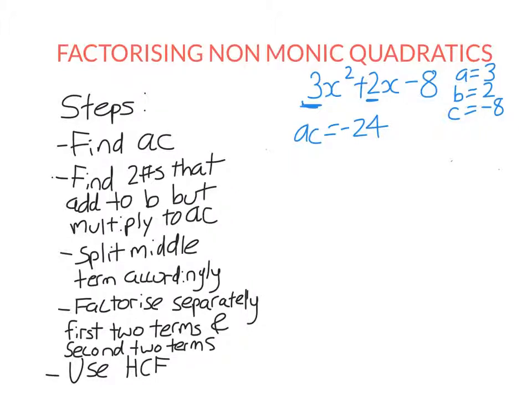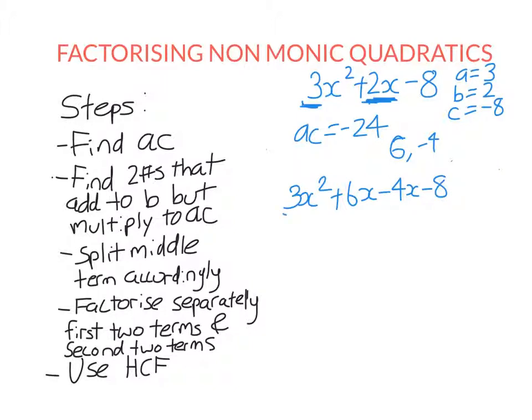So I want the 6 to be positive and the 4 to be negative, because 6 plus negative 4 gives 2. So the numbers I have are 6 and negative 4. So I'm going to split up the 2x as 6x minus 4x.